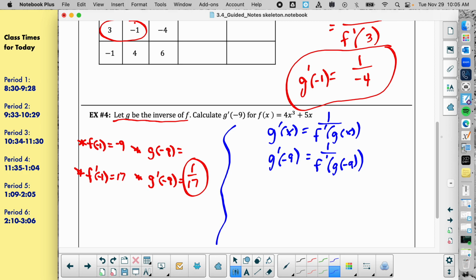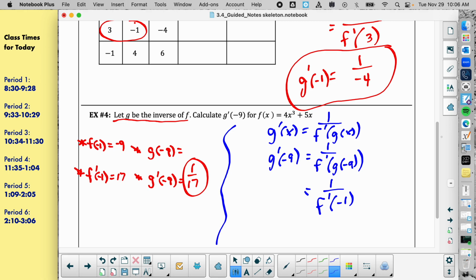So g of -9 means where f is equal to -9, which, surprisingly, is going to be the exact same steps as the first one. I need to figure out where this was equal to -9 first. That was at -1. So g of -9 was -1. I mean, that's what we figured out over there.